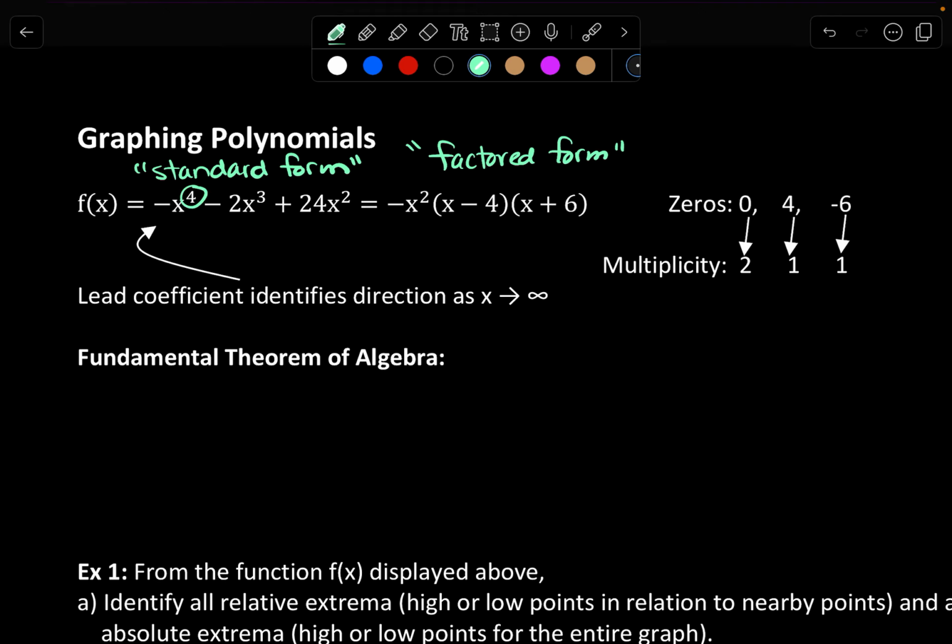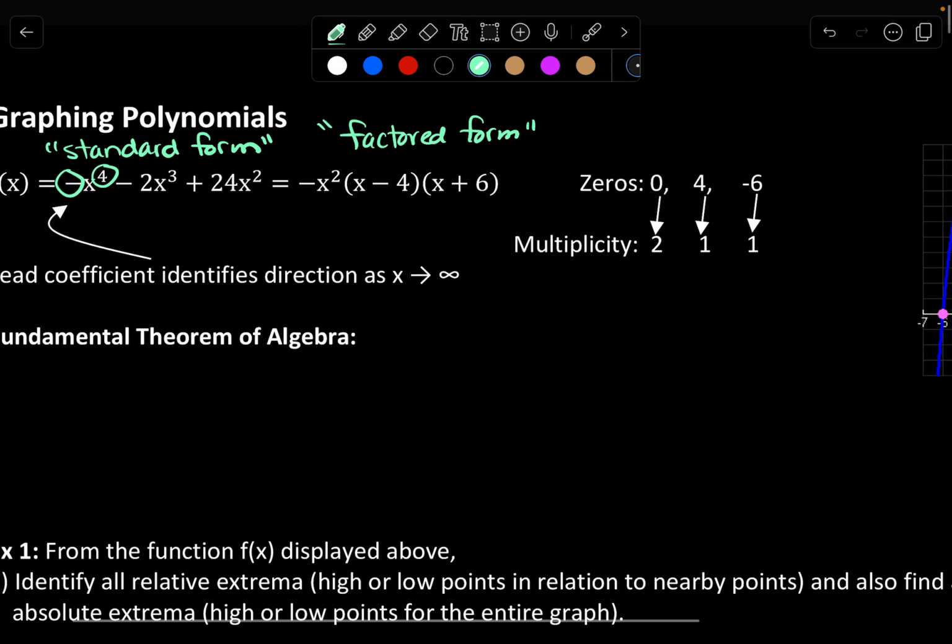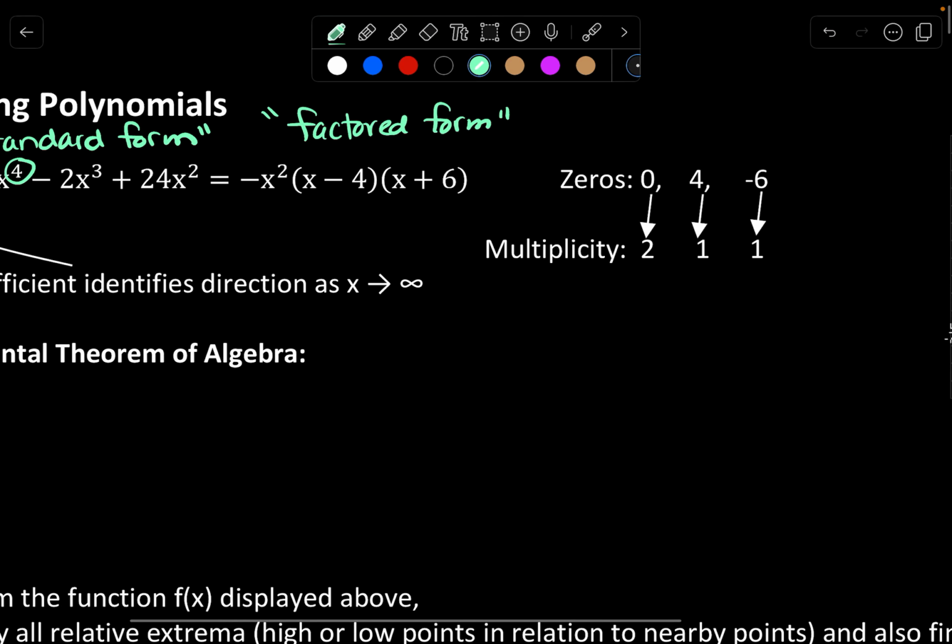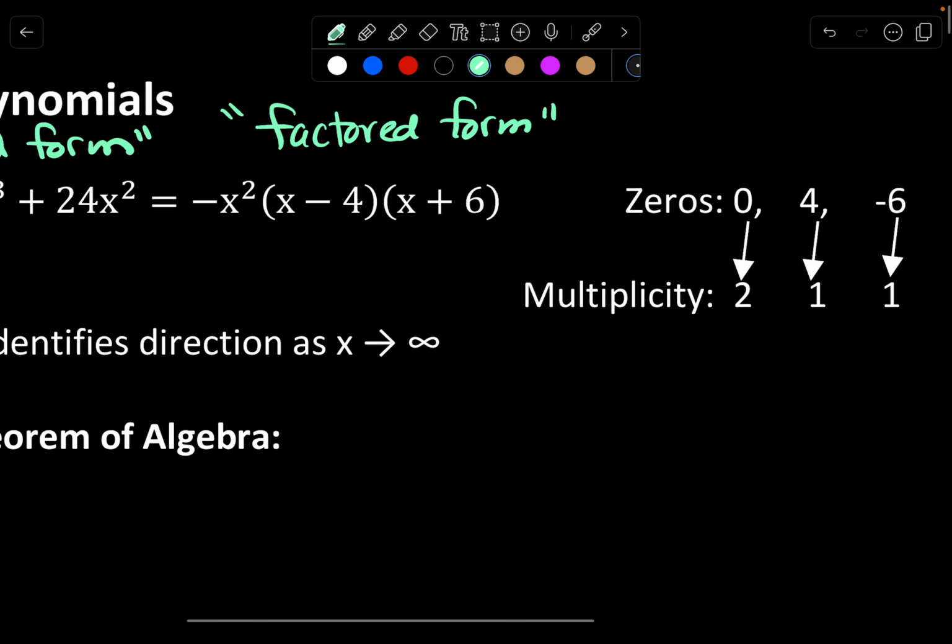So with this one, we have a degree of 4, which means both ends of the graph, so when x goes to positive infinity, or when x approaches negative infinity, they will both show the same behavior. And then the negative shows that they will both be going down towards negative infinity for y values. And then if we are in factored form, we can still see that attribute, but we would have to multiply all the x values out. We can see that it's x to the 4th and that it's still negative.